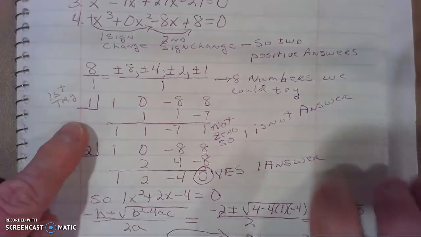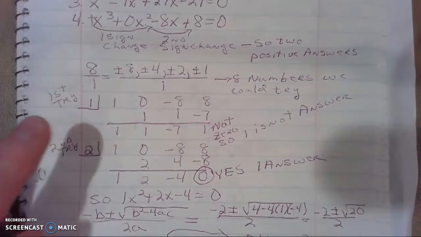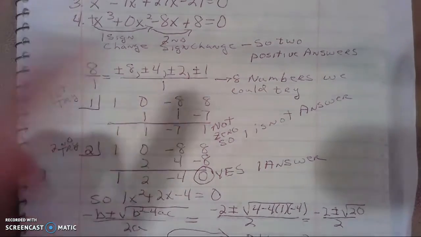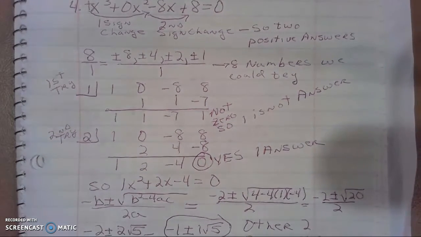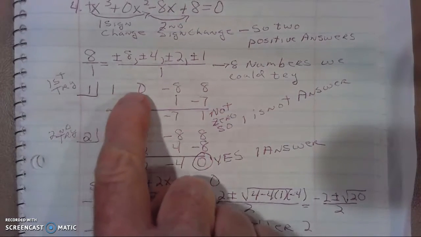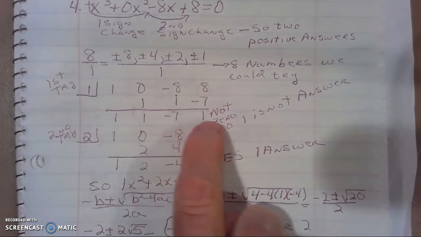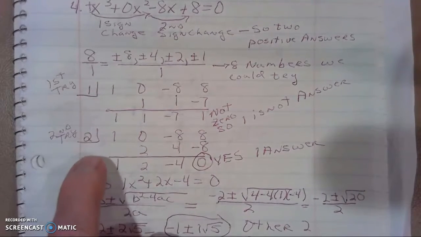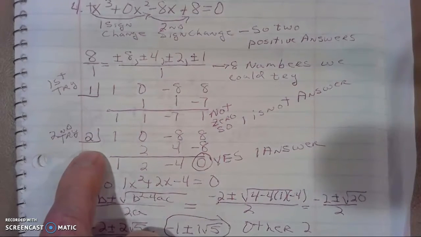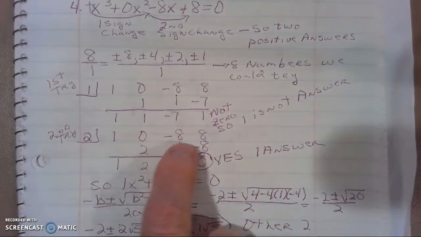So I'm going to start out with number 1 because I like to start small. I don't want to start out with 8 or something. But remember, 2 of them are positive. So I try 1 in here. It does not come out to 0. So 1 is not an answer, and I move on to the next one, on 1, 0, -8, and 8.